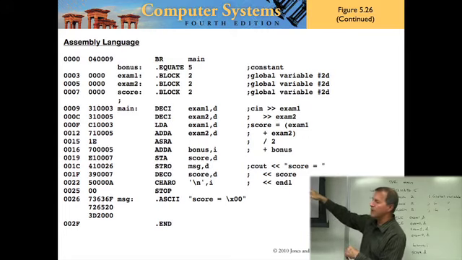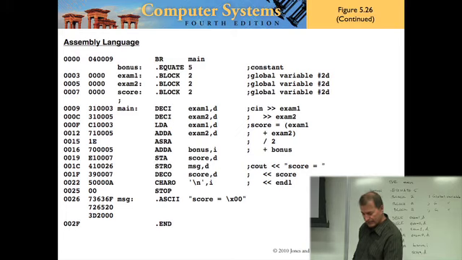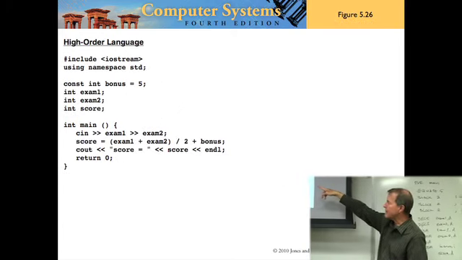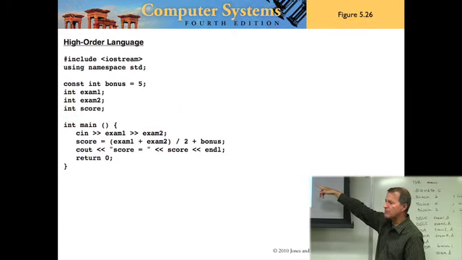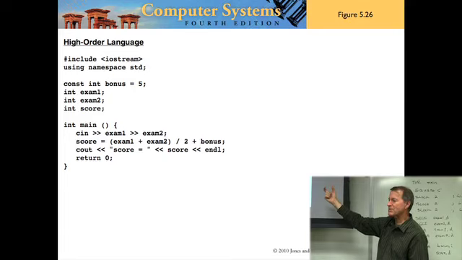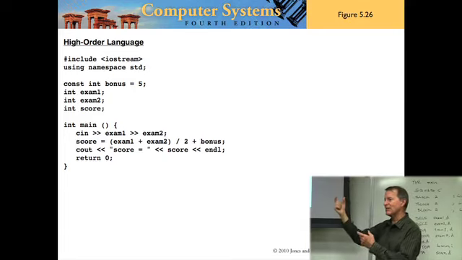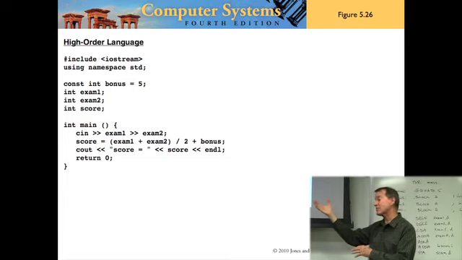Here, why do we give it a symbol? Because it corresponds to our C++ program. You remember? So bonus is the identifier of the constant. And remember, we said we wanted the symbols in the C++ program to correspond to the variables. And now we see that a symbol can correspond not only to a variable, but also to a constant.